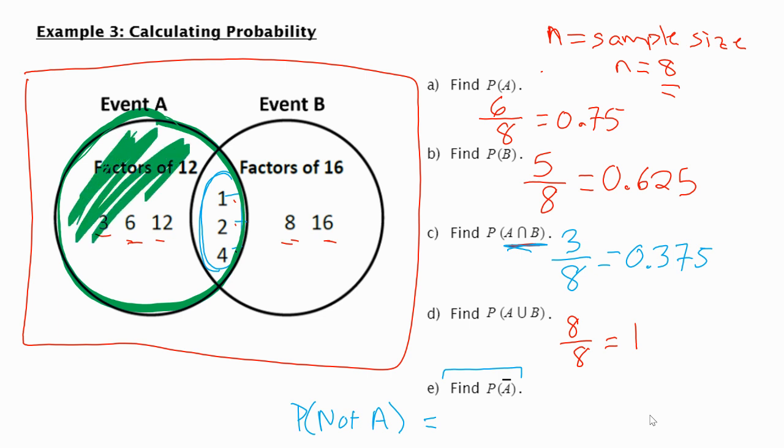So I would maybe go ahead and cross this out. So the only things that don't fall within circle A are 8 and 16. So those would be considered my favorable outcomes. That would be 2 favorable over 8 possible, or 0.25, right? So that bar means the probability of not falling within A.